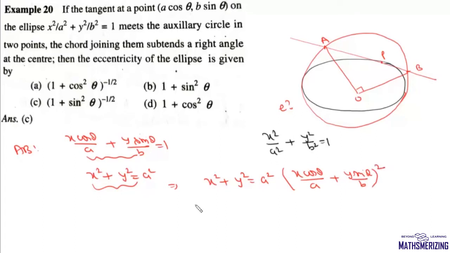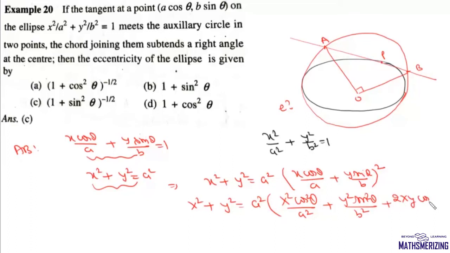Now we'll simplify it. We'll write x square plus y square equals a square times, x square cos square theta upon a square plus y square sin square theta upon b square plus 2xy cos theta sin theta upon ab.